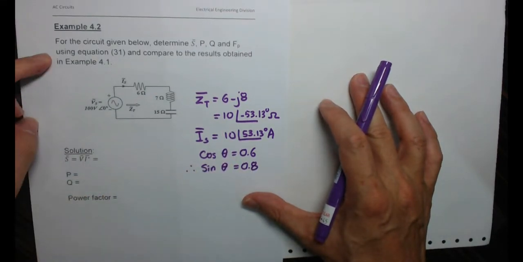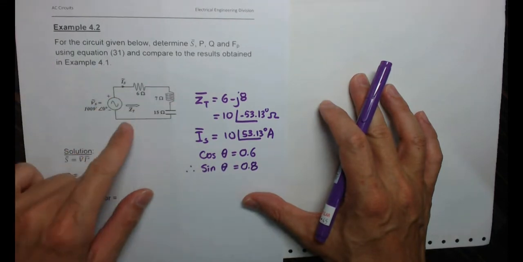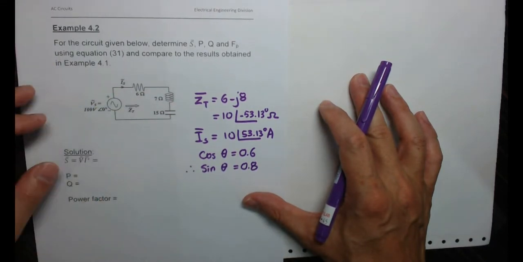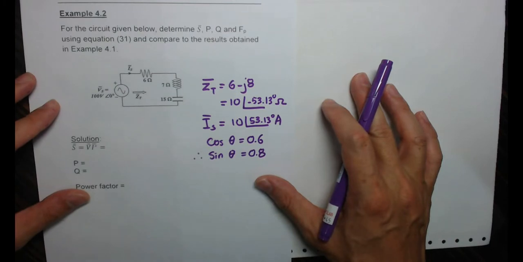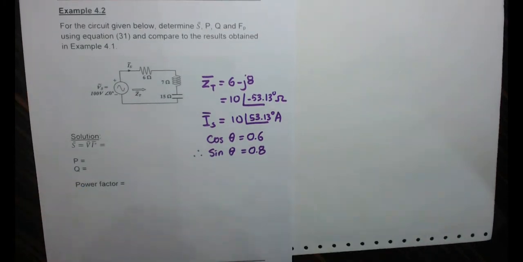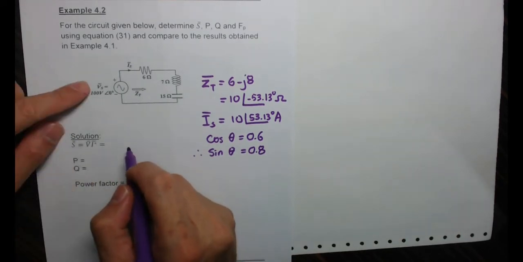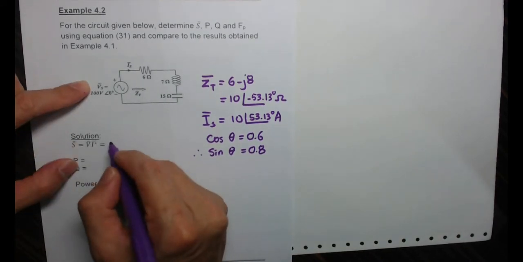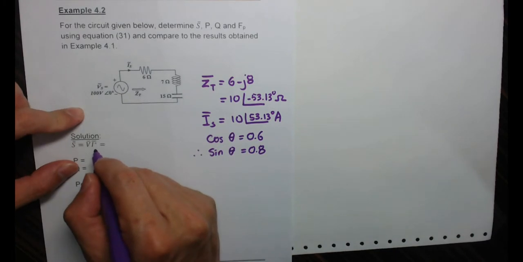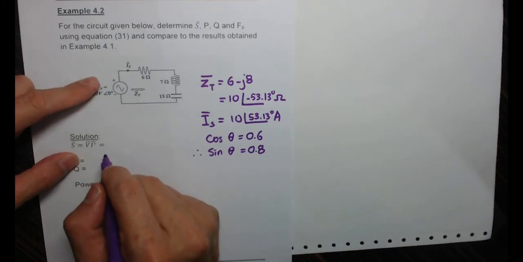So in 4.2 we are looking at the same circuits, but now we apply a slightly different approach. That means we make use of the complex power formula. The complex power or the apparent power can be given as V multiplied by the complex conjugate of the current.